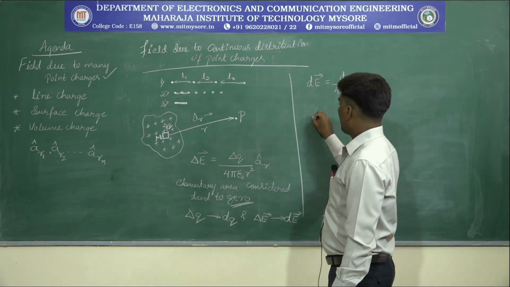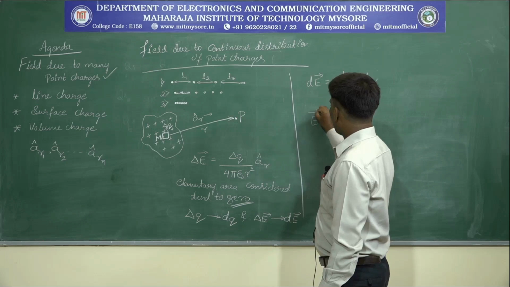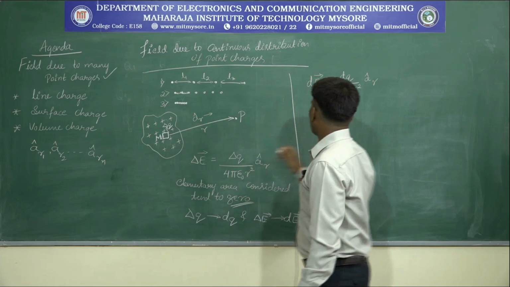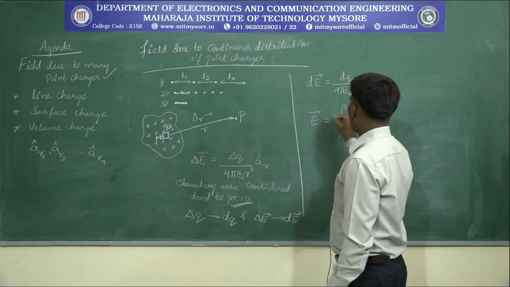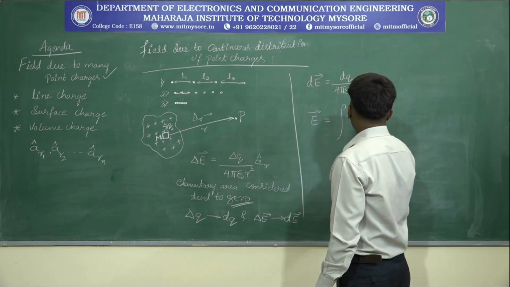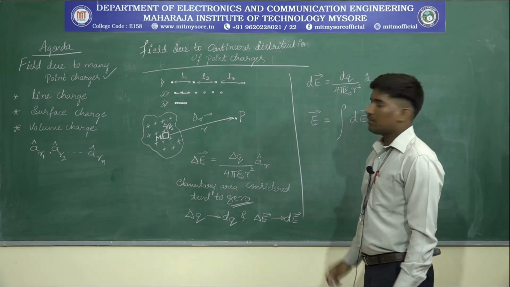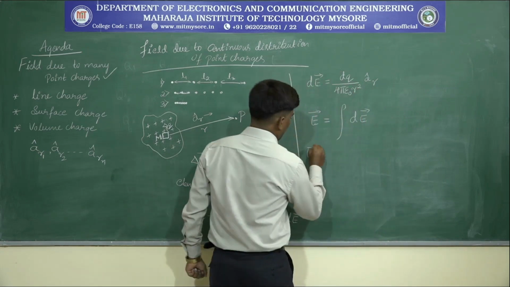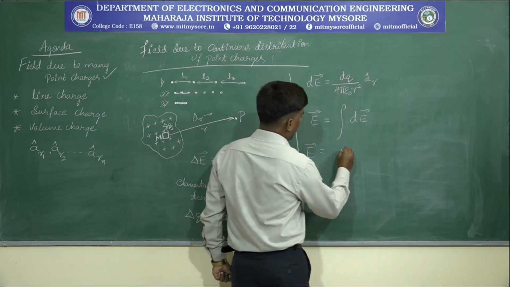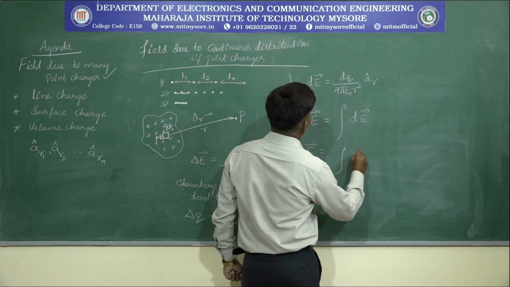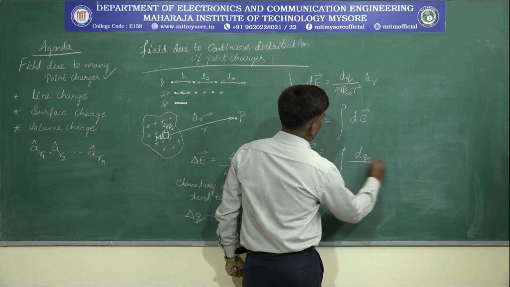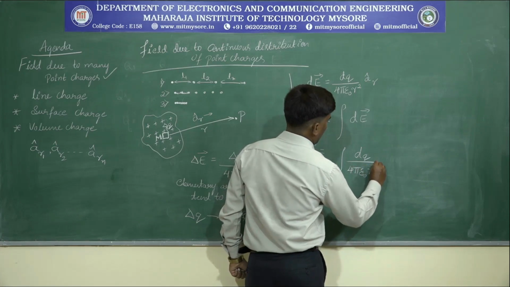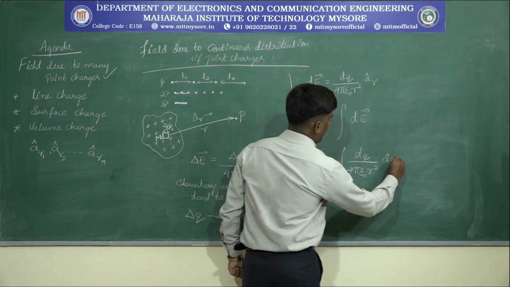Then the resultant electric field intensity due to the entire infinite number of point charges can be obtained by integrating all the differential electric field intensities. That can be done by using this equation: E is equal to the integral of dQ divided by 4 pi epsilon naught r square into a cap r.